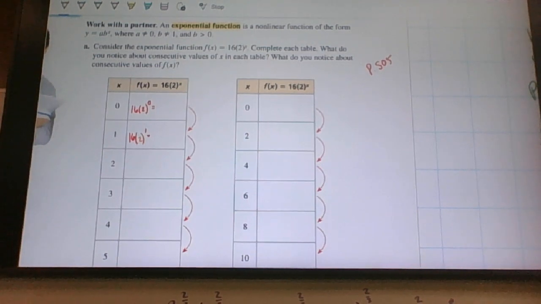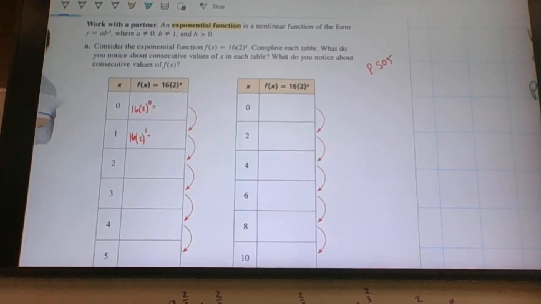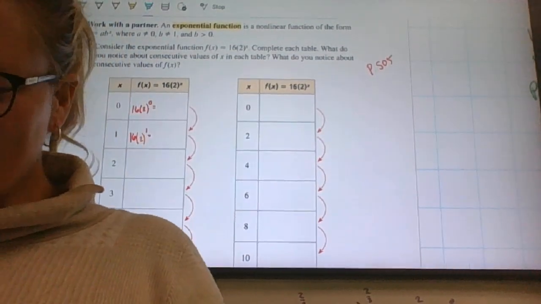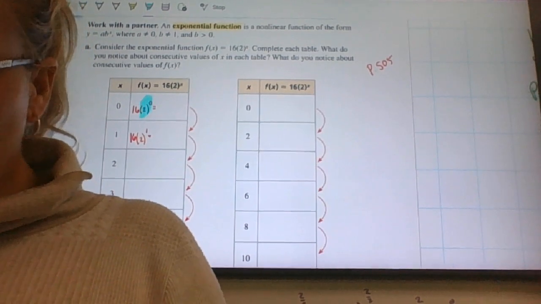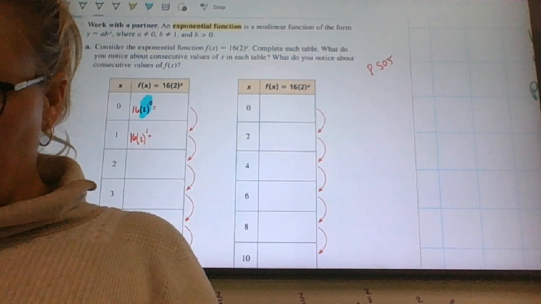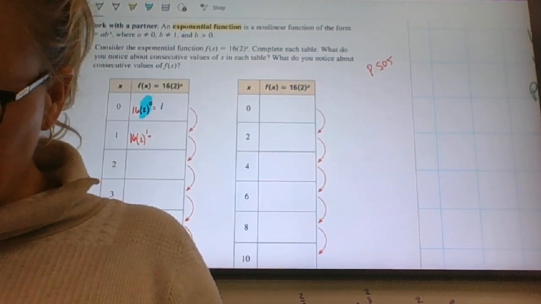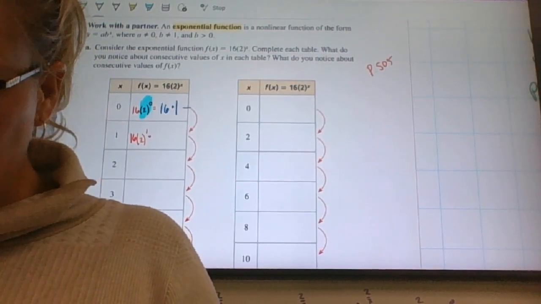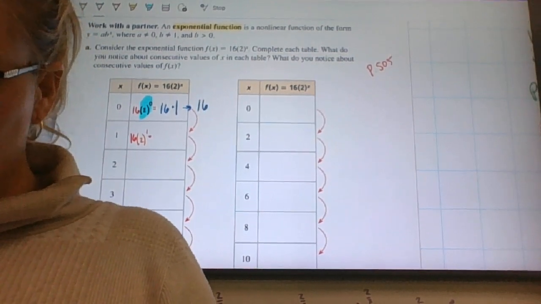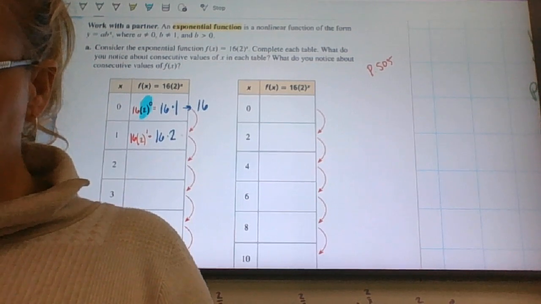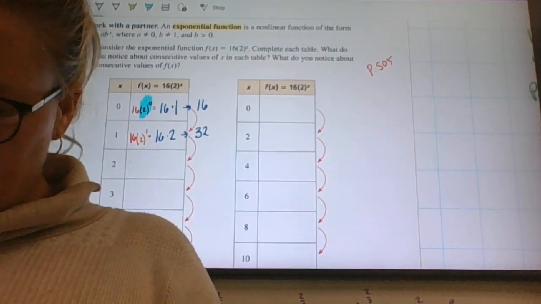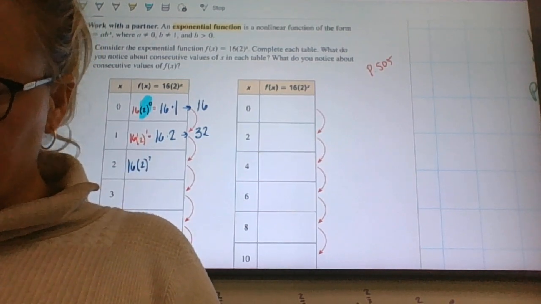You guys know what PEMDAS does? Exponents before multiplication. So what's 2 to the 0 power? Yeah, 2 to the 0 power is 1, and then 16 times 1 is 16. 2 to the first power is 2. What's 16 times 2? 32. 2 squared is 4.